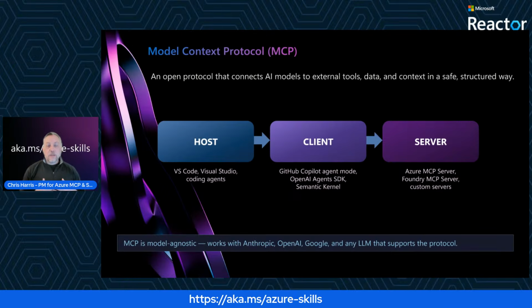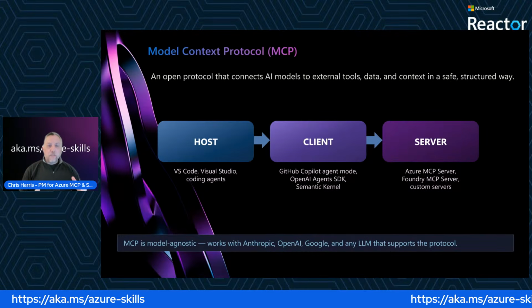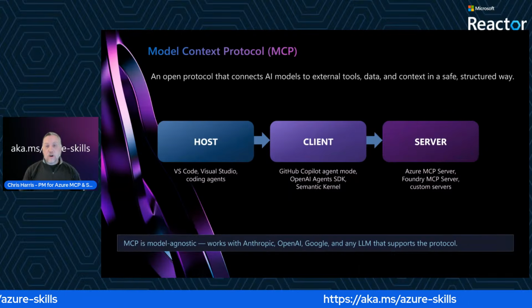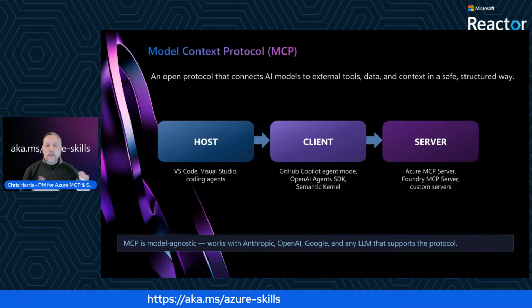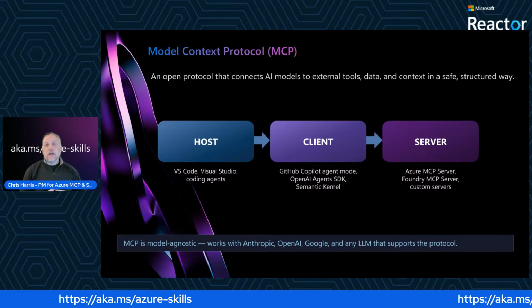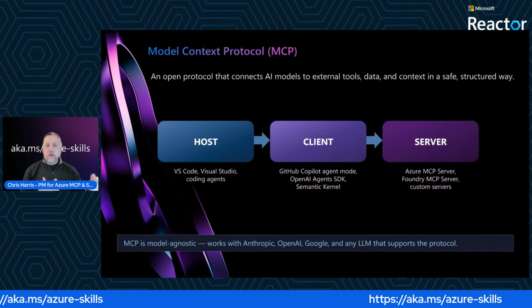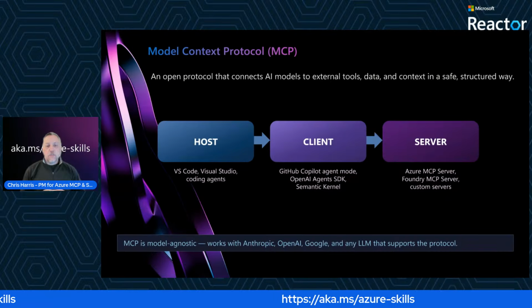We're doing that because we want it to be easy for you to download one package, one MCP server, or in our case, a plugin that includes that MCP server, and add that to your host or your client, and then be able to use it without having to manage a bunch of different MCP servers.